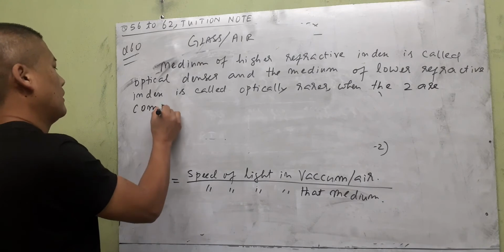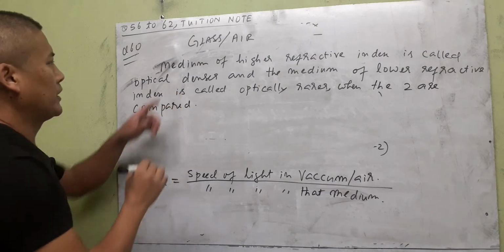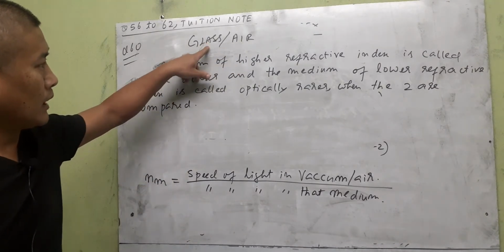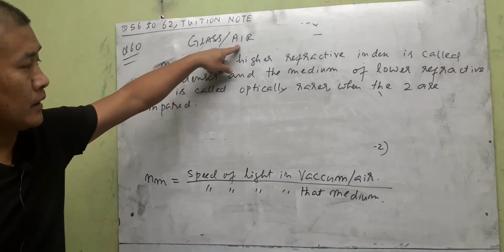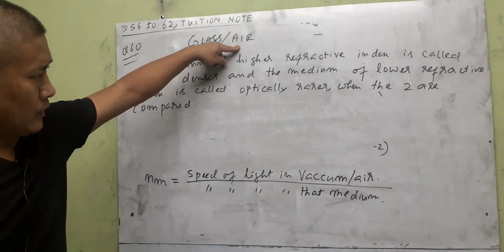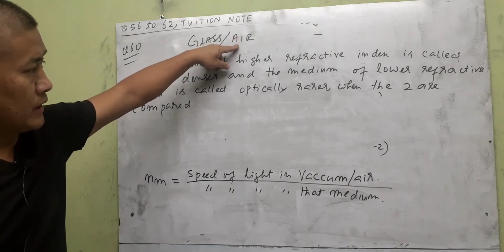Okay, so when you compare glass to air, glass has higher refractive index, it will be optically denser. Air has lower refractive index, so optically rarer.